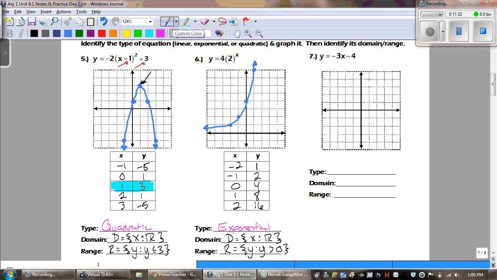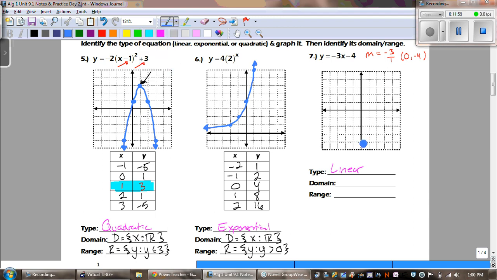Okay, number 7. That is a quadratic exponential, or hopefully you're saying it. That is a linear. Now, when we're graphing linear equations, we need to know what our slope is, and our slope is -3/1, and the y-intercept is 0, -4. So we can go ahead and graph that.